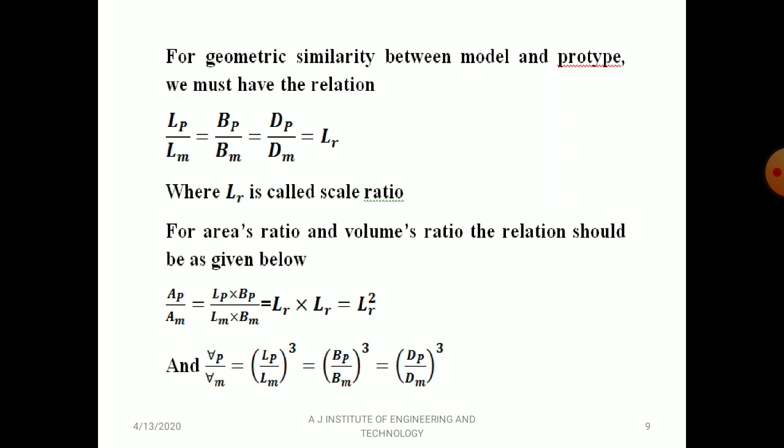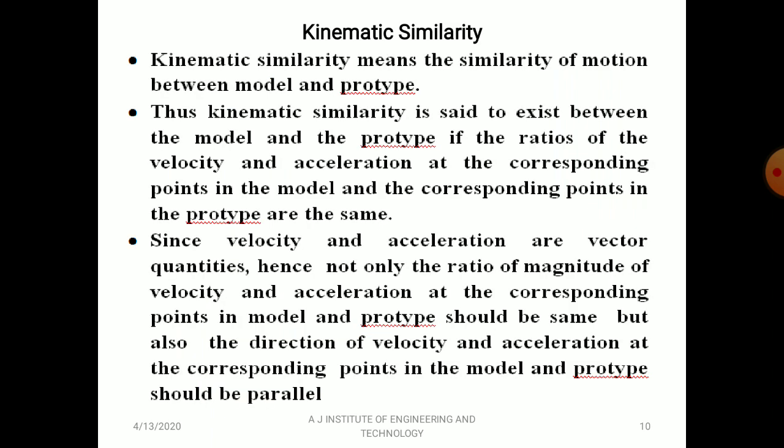Then kinematic similarity, as the name itself indicates, is with respect to motion between model and prototype. So kinematic similarity means similarity of motion between model and prototype. Kinematic similarity is said to exist between the model and the prototype if the ratios of velocity and acceleration at the corresponding points in the model and the prototype are the same.